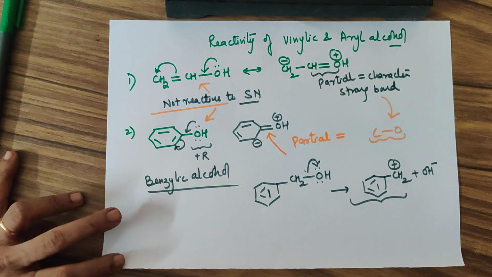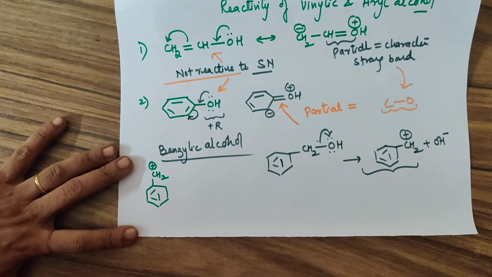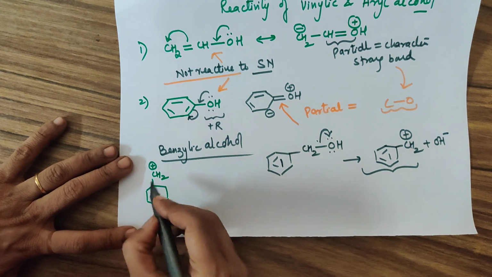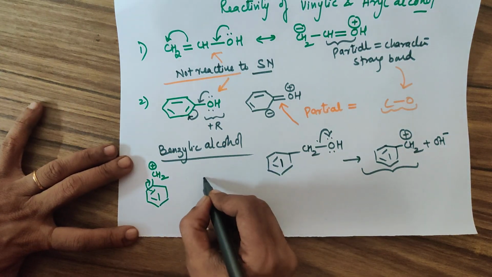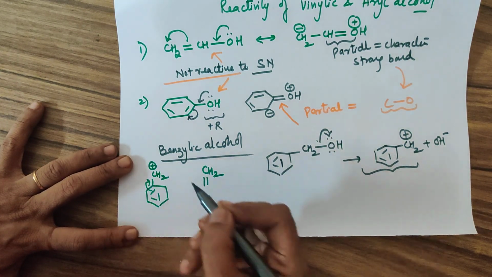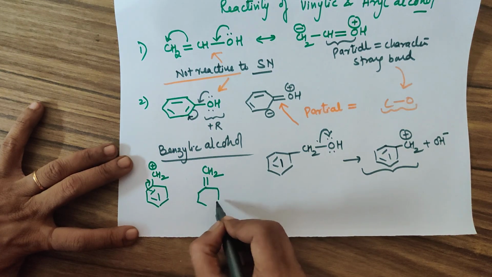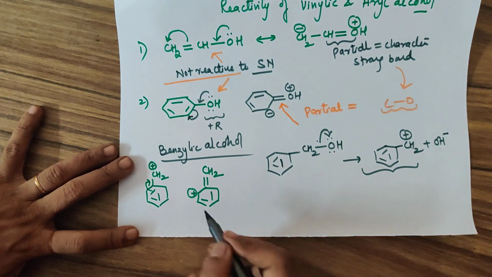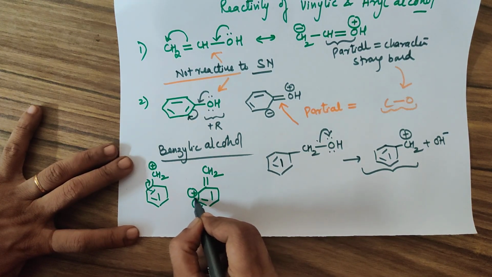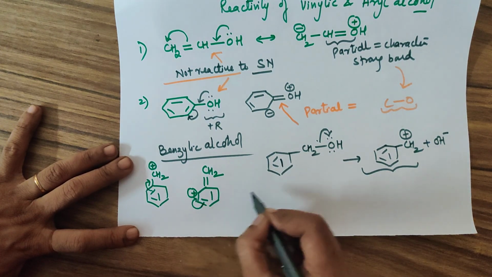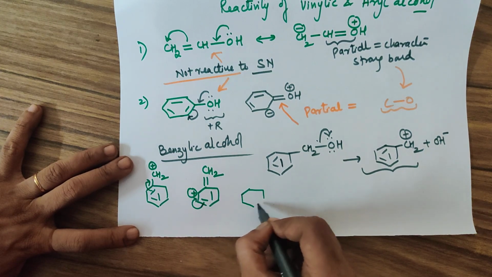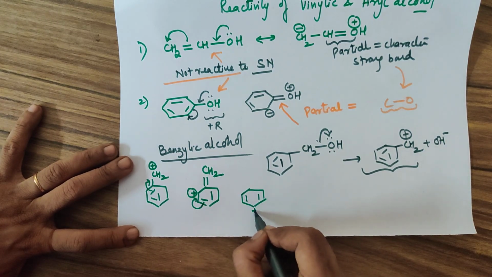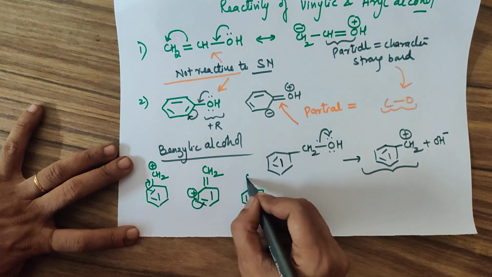Let me draw the resonating structures. This carbon requires electrons, so this pi bond shifts here, leading to a double bond here. The charge gets neutralized, but this particular carbon gets a positive charge. The resonating structures continue. This pi bond shifts here, you get a positive here, and your CH2 stays.